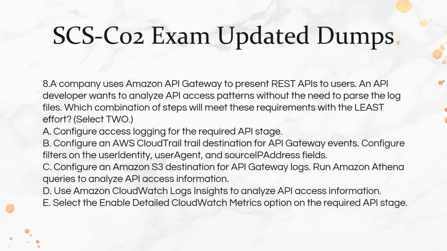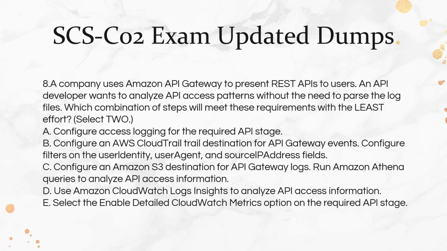8. A company uses Amazon API Gateway to present REST APIs to users. An API developer wants to analyze API access patterns without the need to parse the log files. Which combination of steps will meet these requirements with the least effort? Select 2. A. Configure access logging for the required API stage. B. Configure an AWS CloudTrail trail destination for API Gateway events.